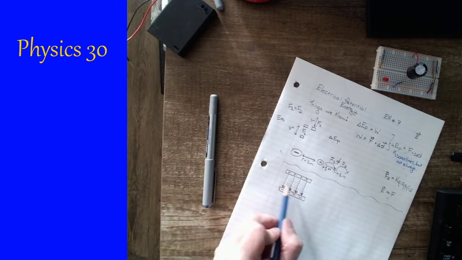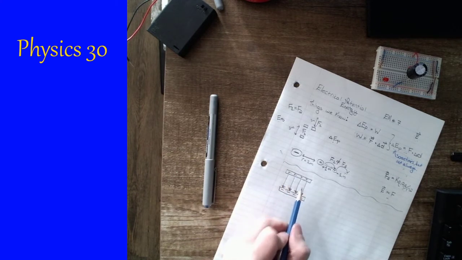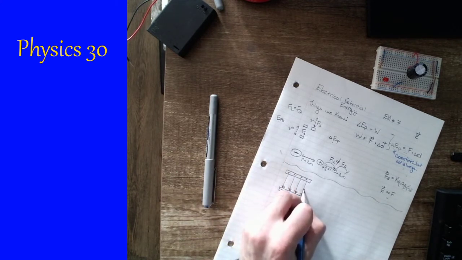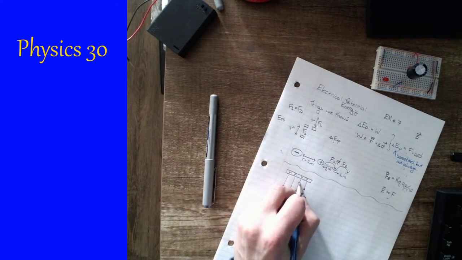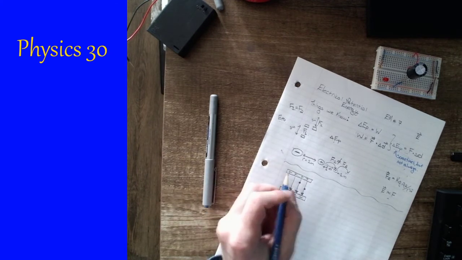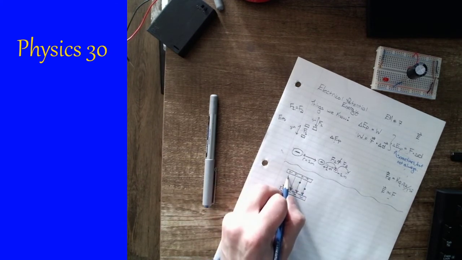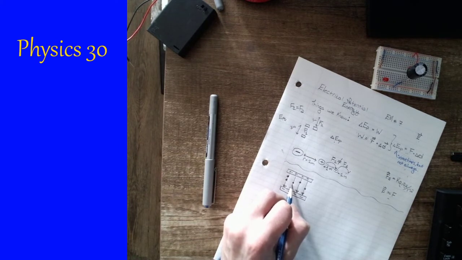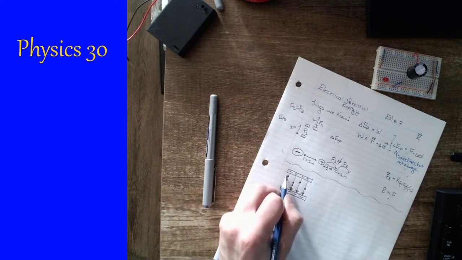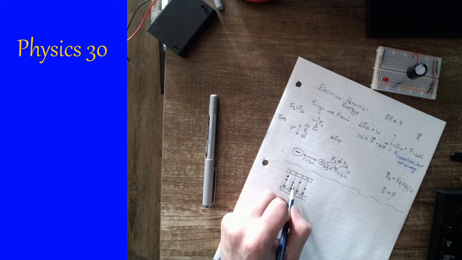Any charge that exists within this field will experience the same amount of force whether it's here or here. And therefore, if a charge moves from here to there, or from there to here, the same distances, it'll experience the same force to do that.